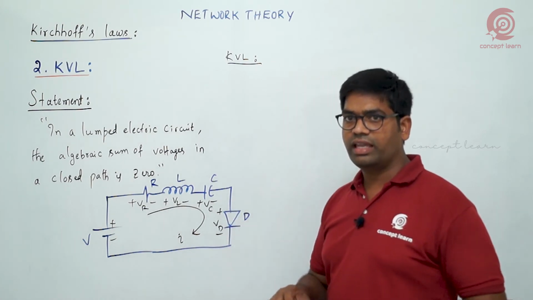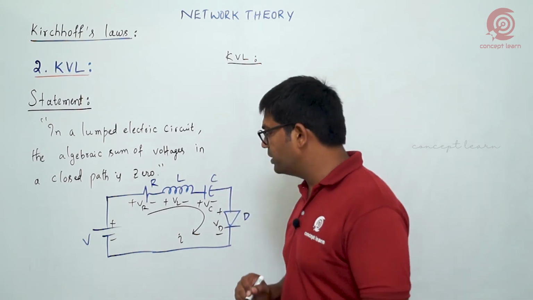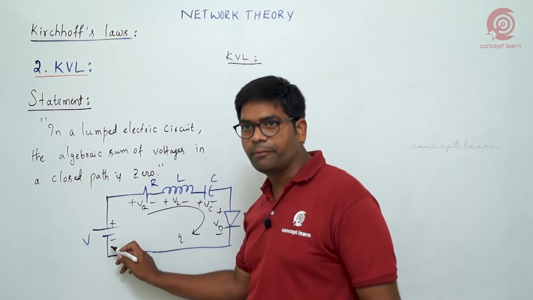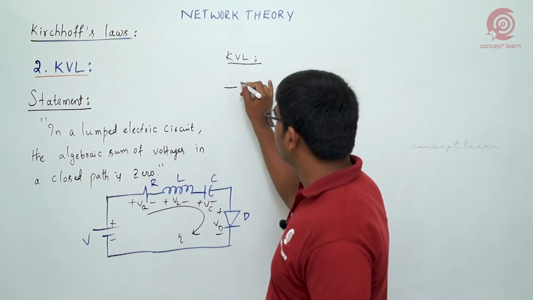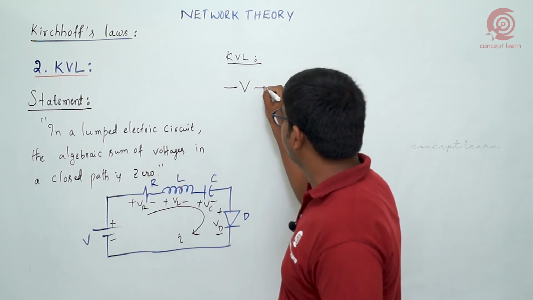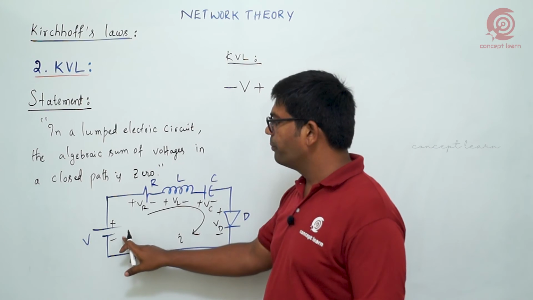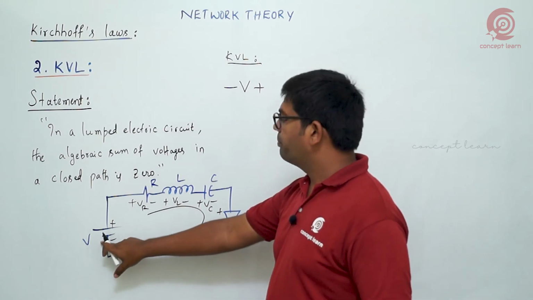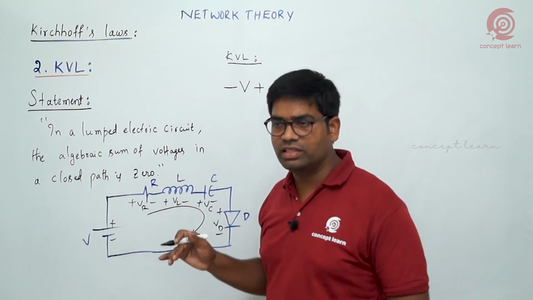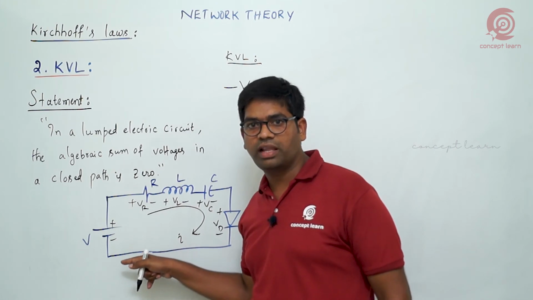Now if you write the KVL, algebraic sum of voltage in a closed path is 0, means if I choose the path, current entering into this negative terminal, so I am placing negative sign, minus V. So current entering into positive terminal, so I am placing positive sign. Absolutely there is no restriction, okay. You can even take positive sign for this, then definitely negative sign must be there for this, but I am following this current direction. So based on the current direction I am giving this polarity here.